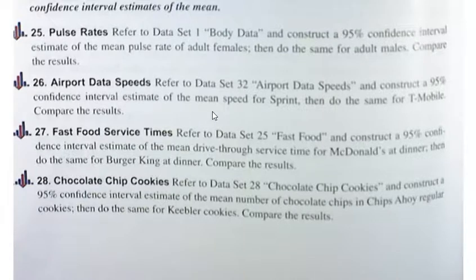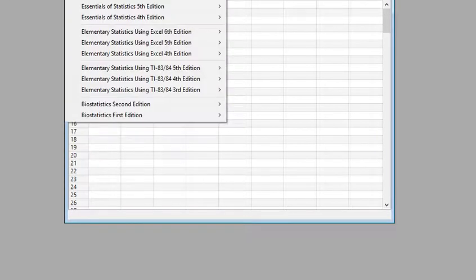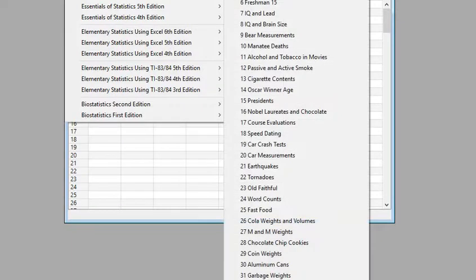Okay, so this one, like I said, we'll do with Statdisk. So I'll shut this off. The nice thing about Statdisk is it comes with some built-in data sets. So click Data Sets. Then go down to Elementary Statistics, 13th edition. You want Data Set 32, airport data speeds.